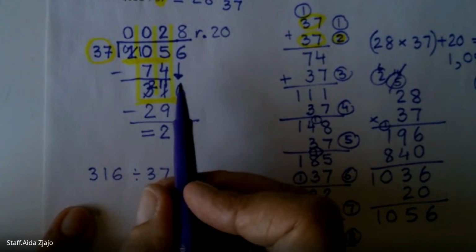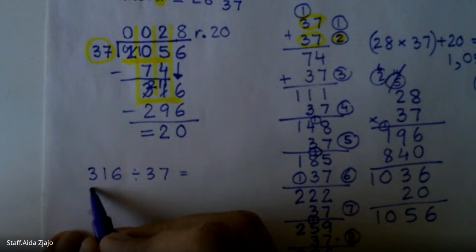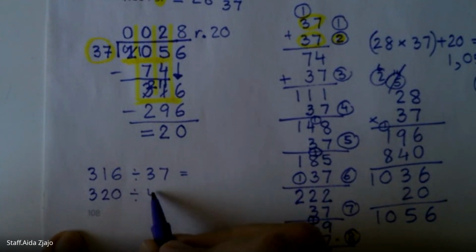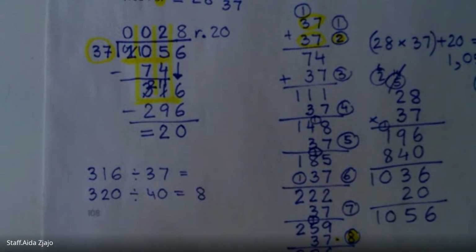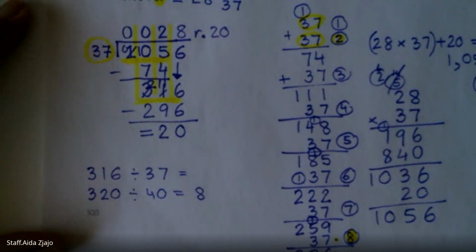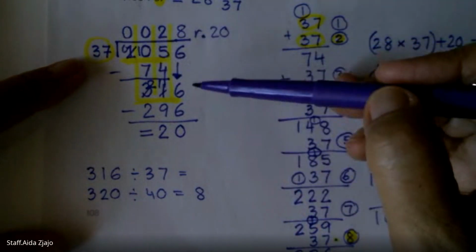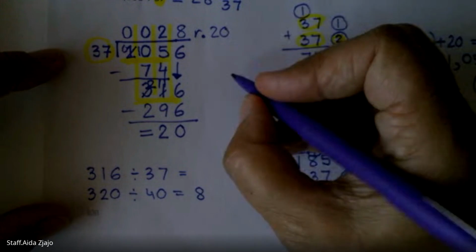How many groups of 37 are in 316? If you round this to 320 and this to 40, you could come up with your 8 as a plausible solution. Because 4 times 8 is 32, right there you could say, okay, it's about 8 groups of 37 in 316.